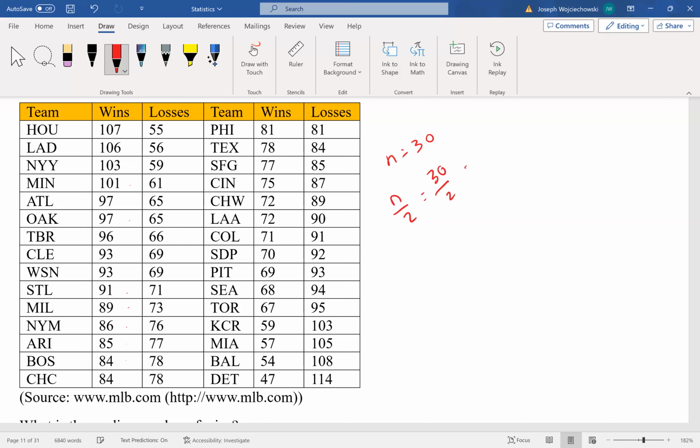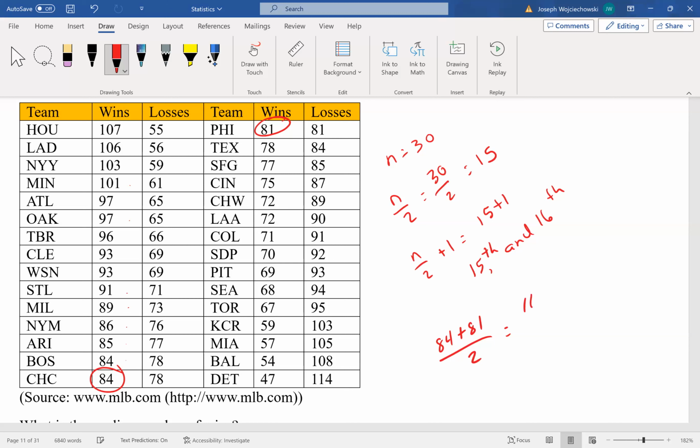30 divided by 2 is 15. Then we take n divided by 2 plus 1, so we have 15 plus 1. So I need the 15th and 16th data point. Well, here's the 15th and here's the 16th. So I add them together, 84 plus 81 divided by 2.